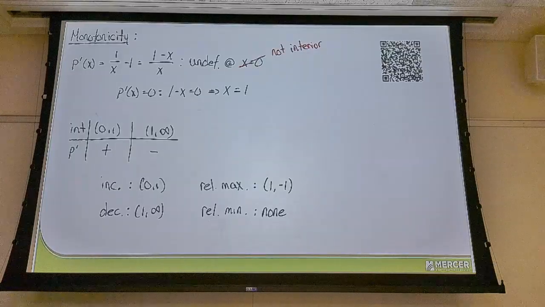Yeah, that doesn't require closure rules. It's a constant. Yeah, you're right. That makes it easy. Negative 1 over x squared. Where is that undefined? At 0.